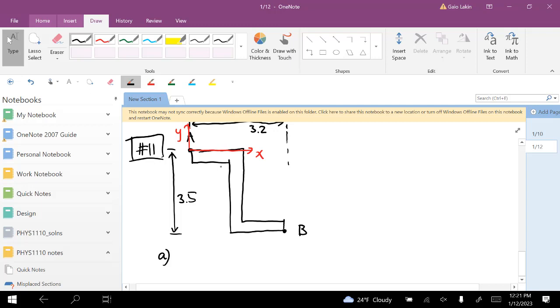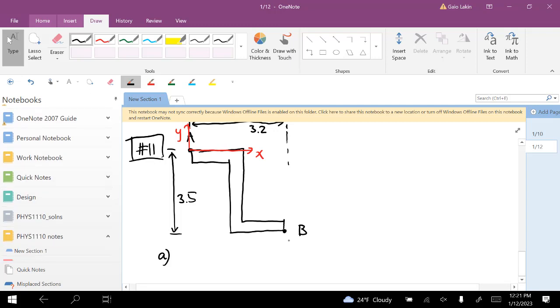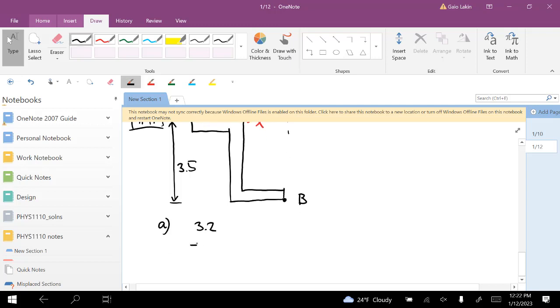So with the origin at A, the coordinates of B are, well, how do you get there? You have to go 3.2 in the positive X direction. And then you have to go 3.5 in the negative Y direction.